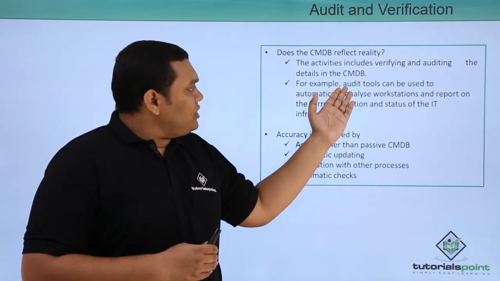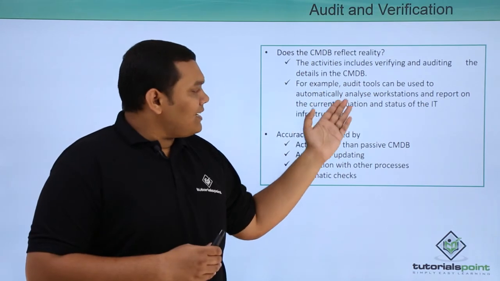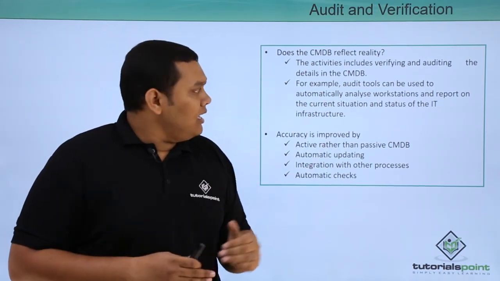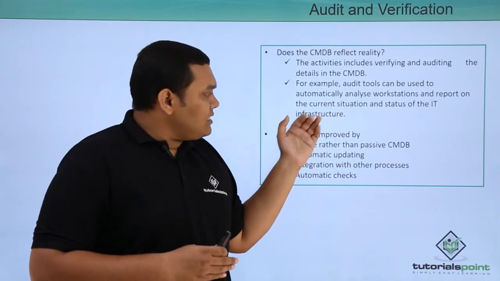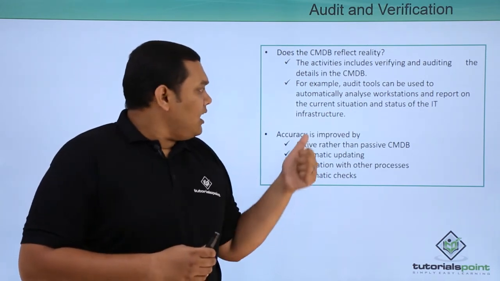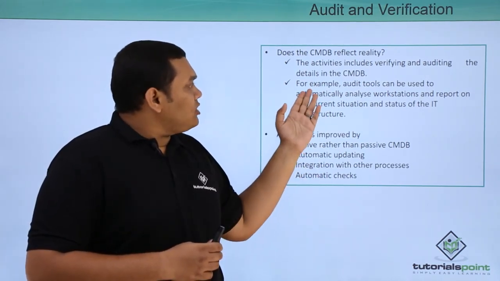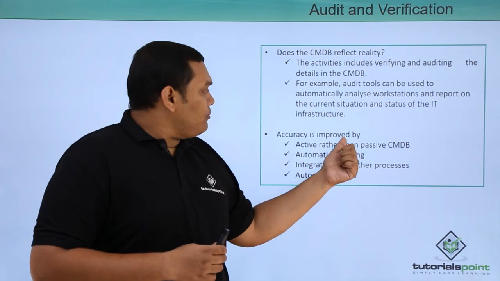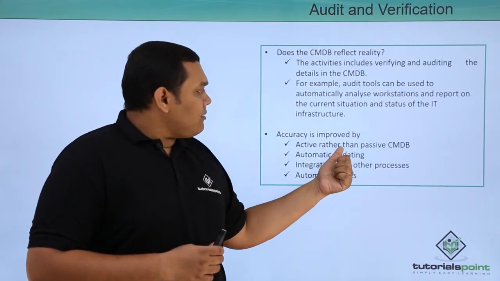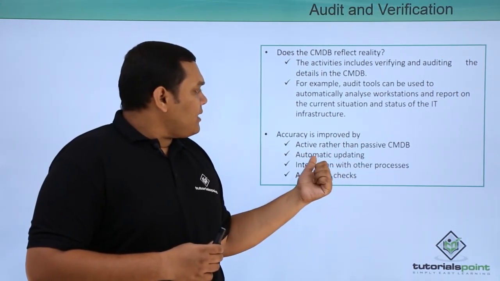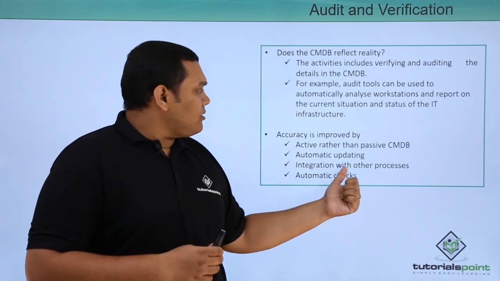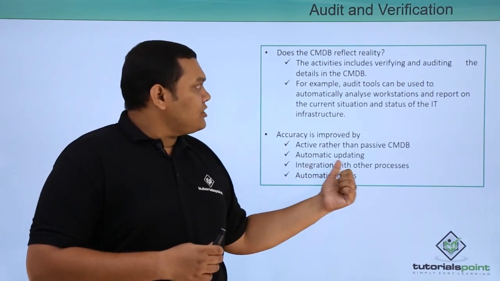That means audit tools can automatically analyze the available workstations and report on the current situation and statuses of the IT infrastructure, and it also provides improved accuracy by an active rather than passive CMDB, automatic updating, integration with other processes and automatic checks.